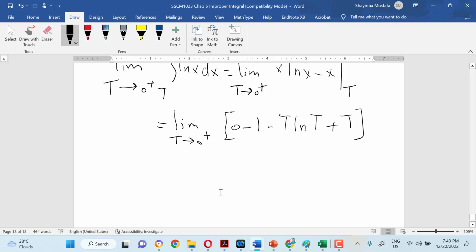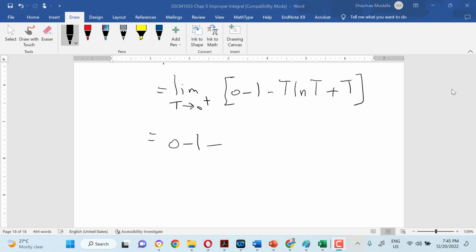Now substituting 0, you have 0 minus 1. So here this is minus the limit t to 0 of t ln t. When I substitute 0, this one is 0.